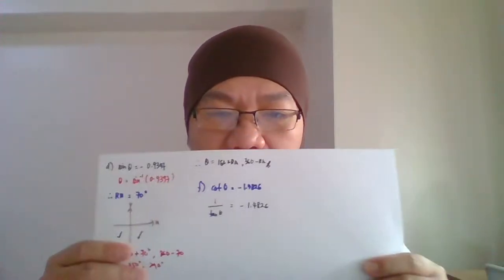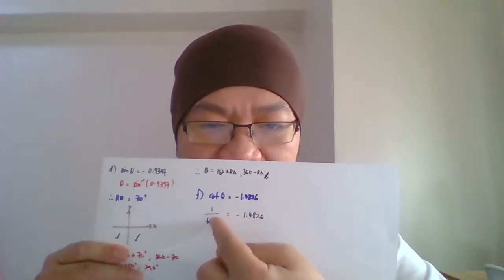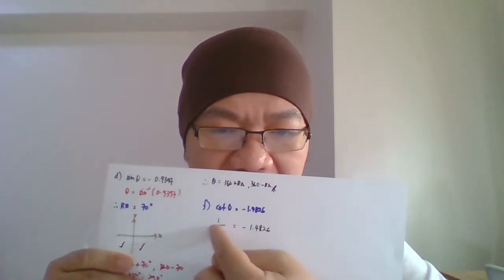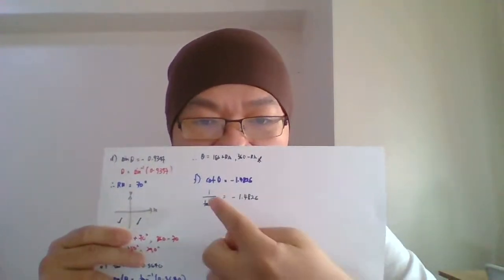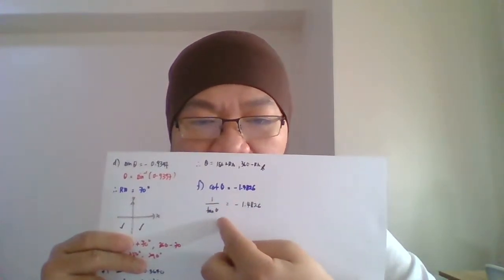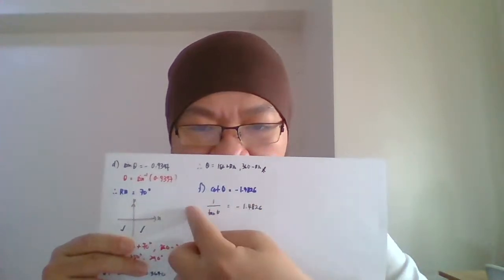Cot is 1 over tangent theta, which equals negative 1.4826. This is the conversion of cot to 1 over tangent. You want to find theta, so tangent theta must become the subject. Tangent theta is not the subject right now because it is the denominator of a fraction. So you need to bring it over, and bring this number to the left side.